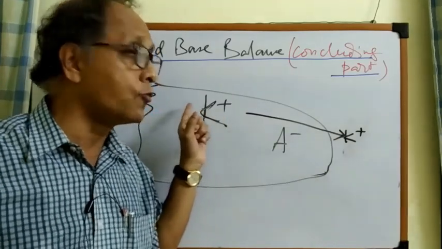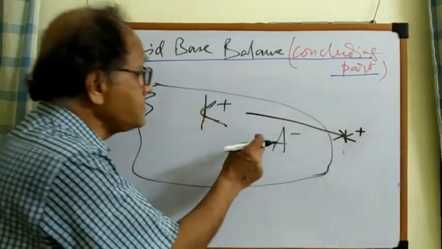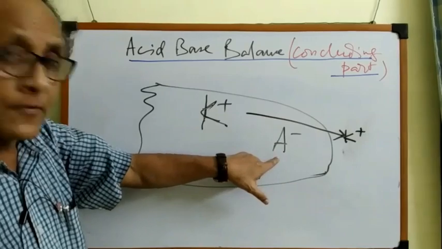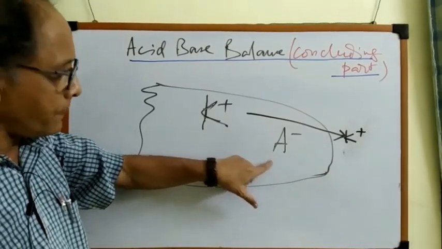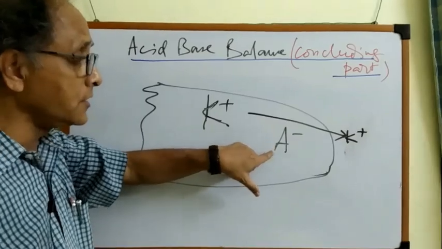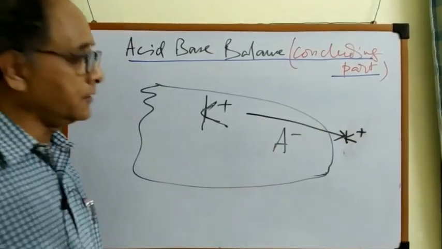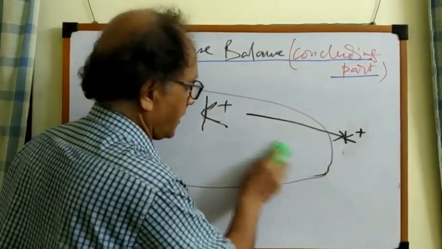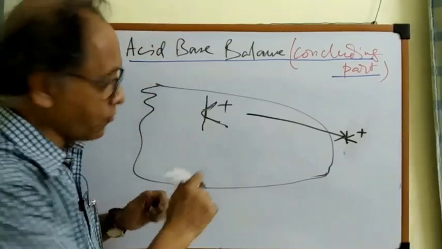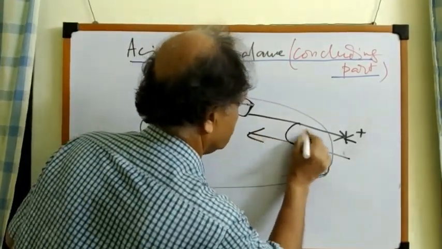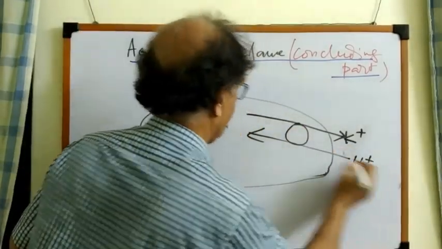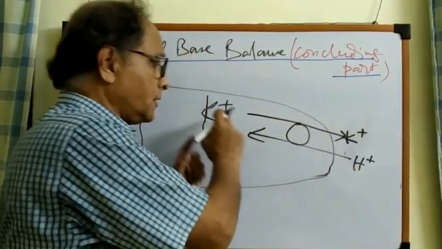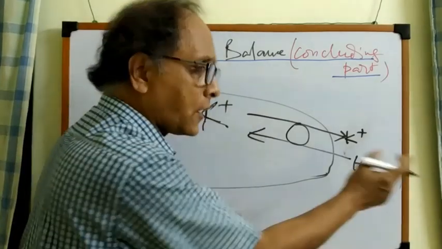Now in order to maintain the intracellular electrical neutrality, due to the presence of impermeant anions inside the cell, what will happen? There is an operation of an antiporter known as potassium hydrogen antiporter.